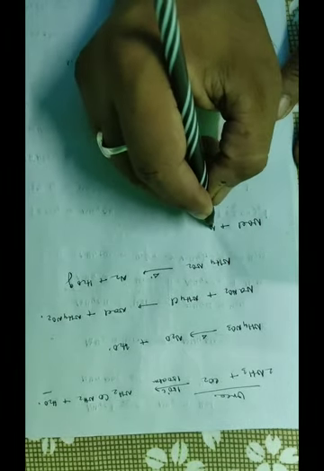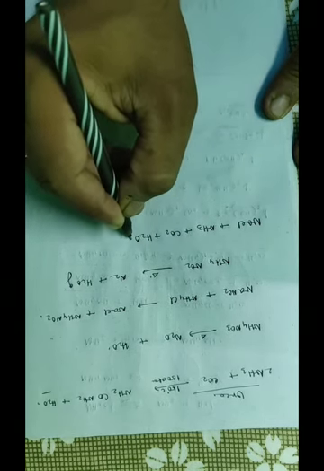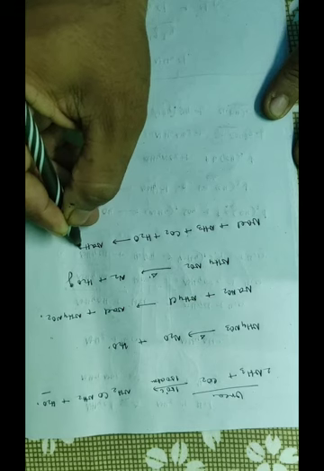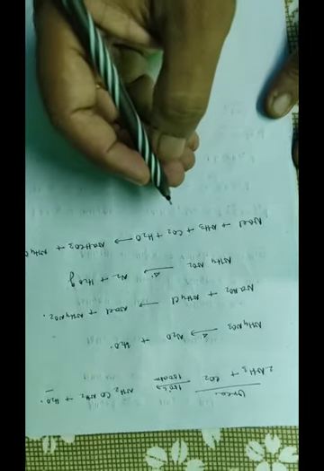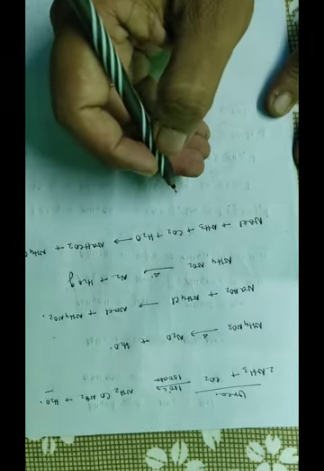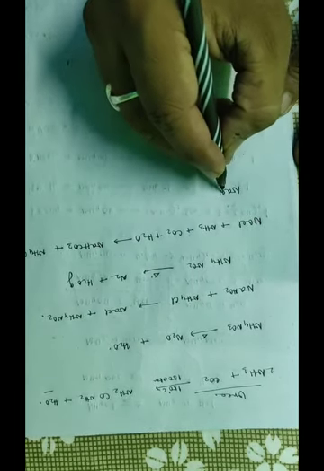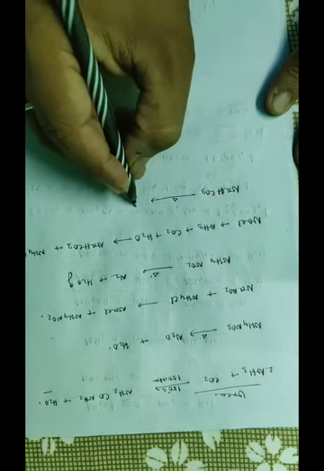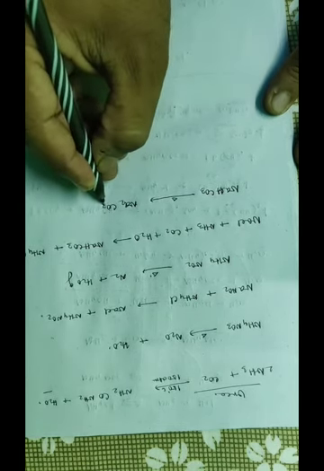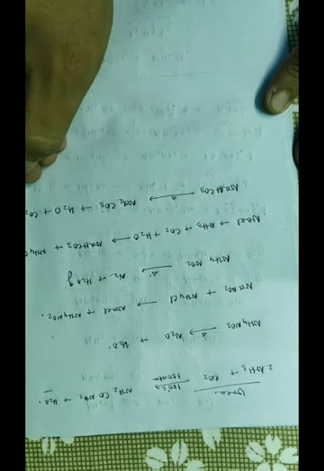NaCl plus ammonia plus CO2 plus water gives NaHCO3, sodium bicarbonate, plus ammonium chloride. The sodium hydrogen carbonate is separated and ignited to obtain sodium carbonate. When this sodium bicarbonate is ignited, it will give sodium carbonate plus water plus carbon dioxide.